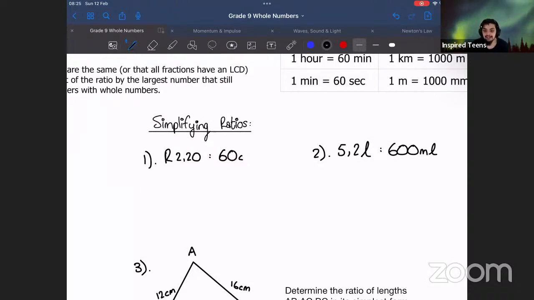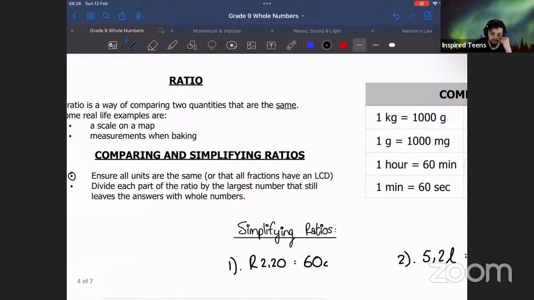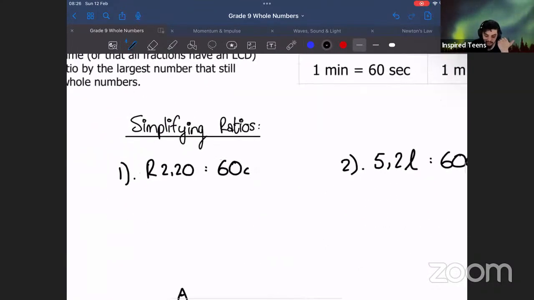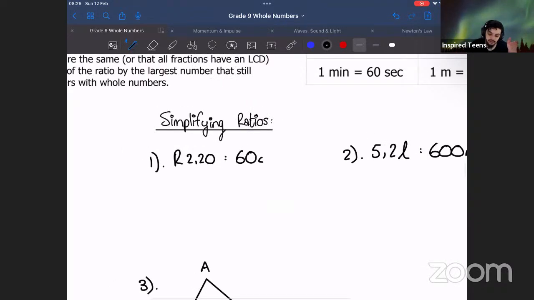Now, of course, they are different units and we cannot compare different units. So that was what they mentioned here: ensure that all units are the same. It also says two quantities that are the same. So they have to be the same unit in order for us to compare their ratios, in order for it to be fair. So what we have to do here is convert them to the same thing.